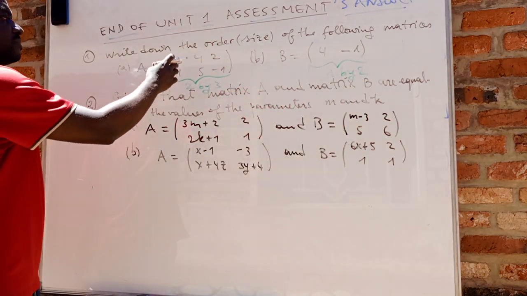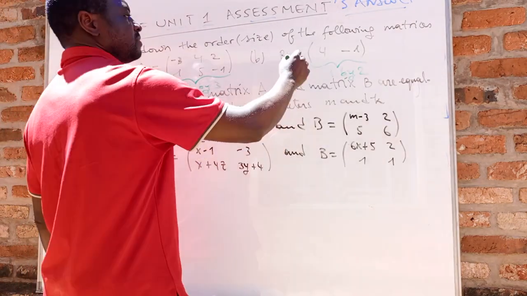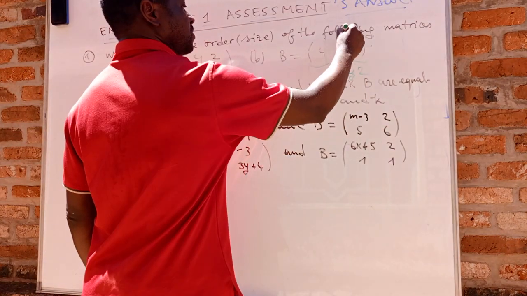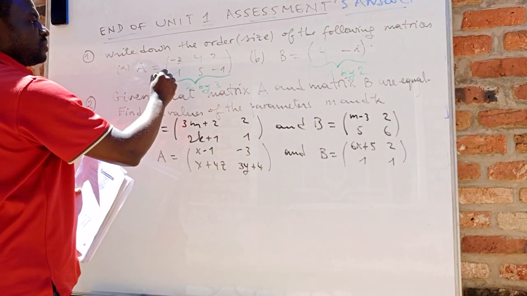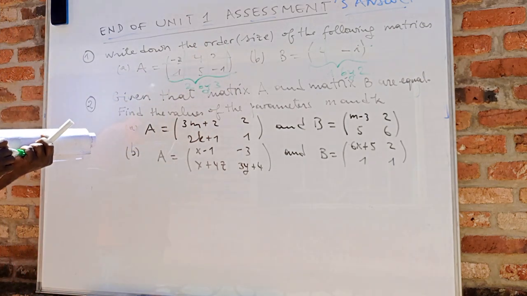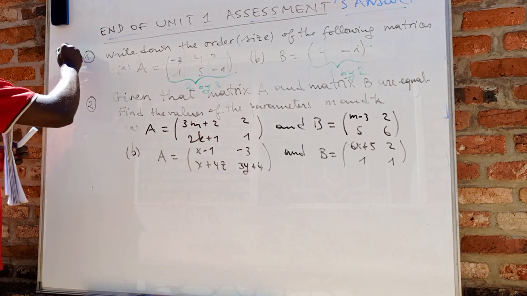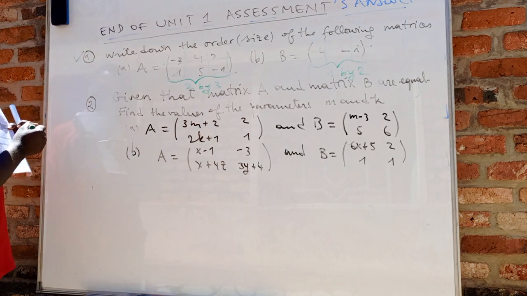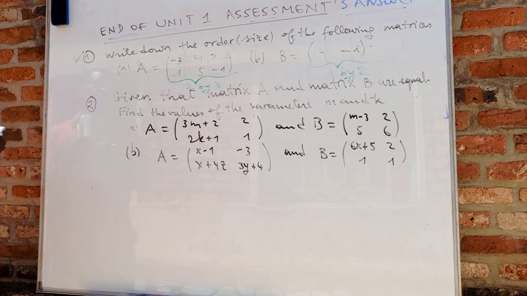It means that this one has 2 rows and 3 columns, and this one has 1 row and 2 columns. So that is the answer for question 1.